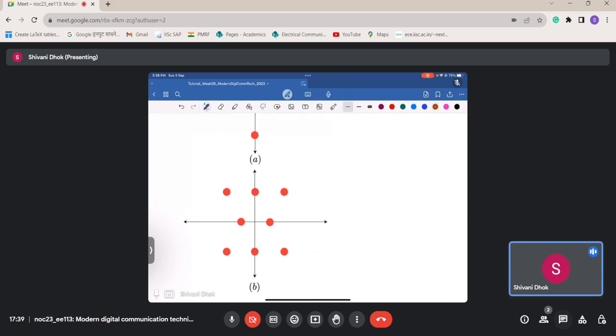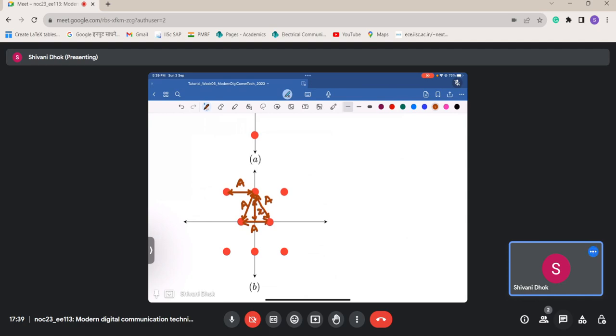So again, what we are having is this distance is A, this distance is A, this distance is A, and this distance is also A. So now we need to find what this distance is, that is x.